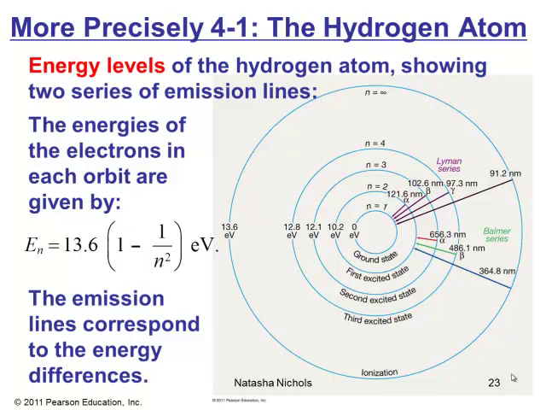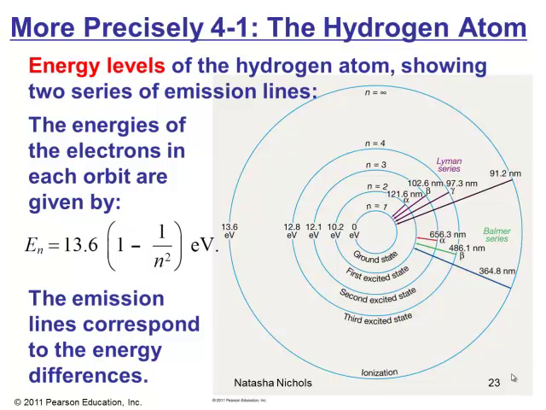E sub n corresponds to the energy level. And that's equal to 13.6 times 1 minus 1 over n squared. And the units for energy, because we're talking about very small energies, we measure in units called electron volts. So that eV you see in the equation are the units of the equation, which are electron volts.